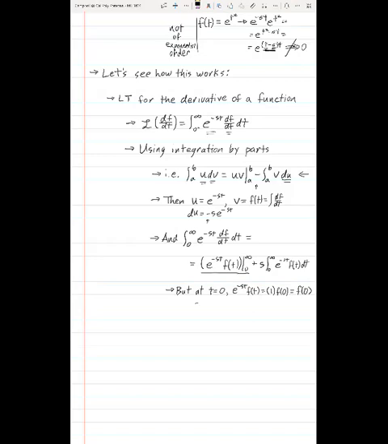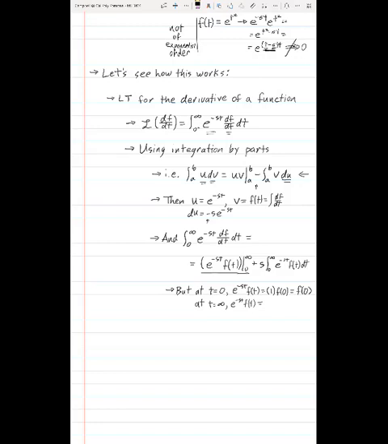Now, at t equals infinity, we have e to the negative st times f of t. And so we may be looking at this and going, oh my goodness, what in the world do we do? We got this e to the negative s infinity effectively at t infinity.